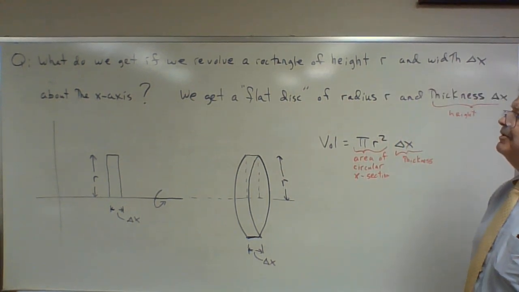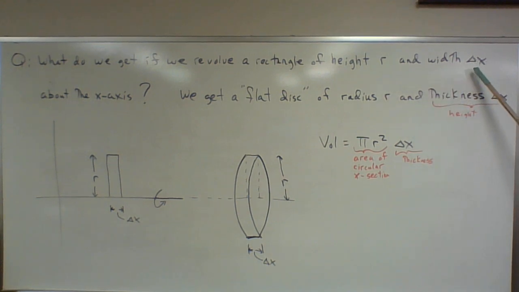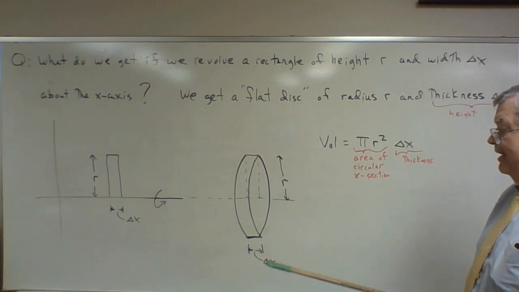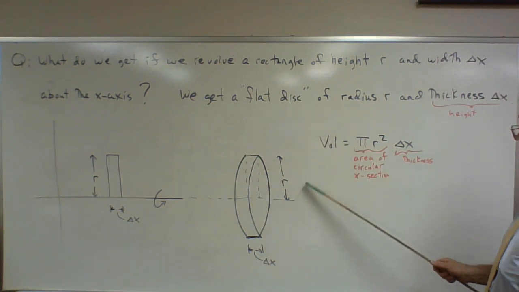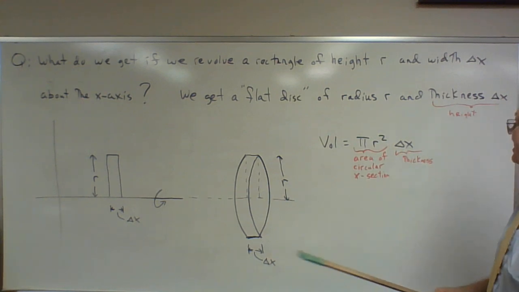Just for repetition, what do we get if we revolve a rectangle of height r and width delta x about the x-axis? We get a flat disk of radius r and thickness, or height, delta x.